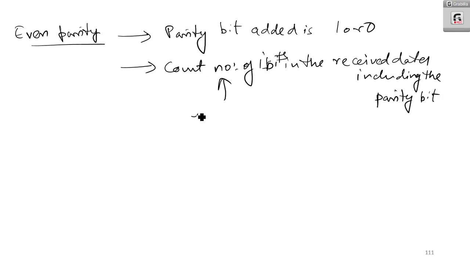If that number is even, then we can say that the data contains no error. Whereas if that number is odd, then you can say that the data contains error.